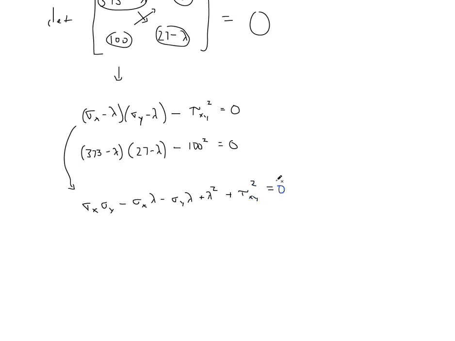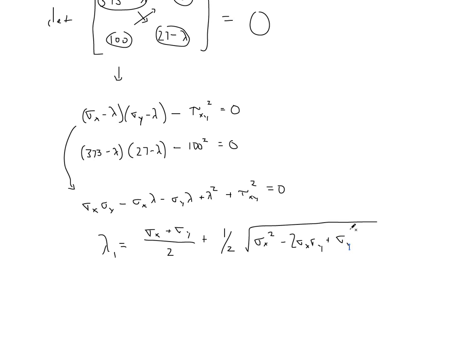And I can solve this all the way down, and basically there's two solutions to this. Lambda 1 ends up being equal to sigma x plus sigma y divided by 2 plus 1/2 square root of sigma x squared minus 2 sigma x sigma y plus sigma y squared plus 4 times tau xy.